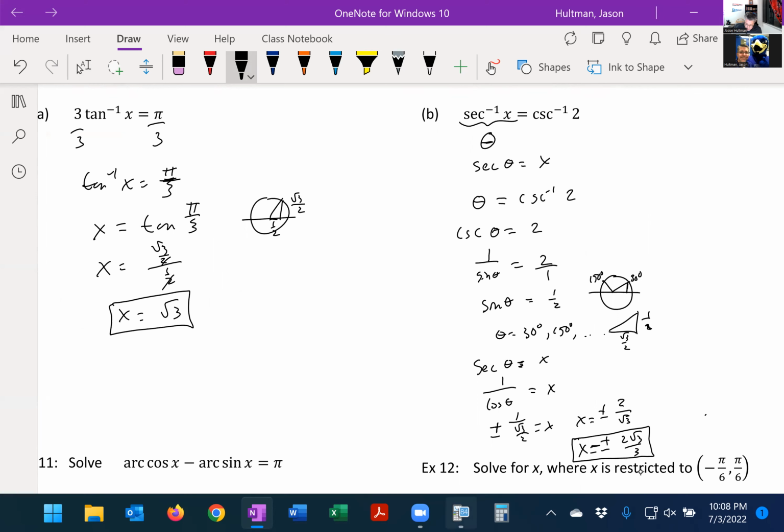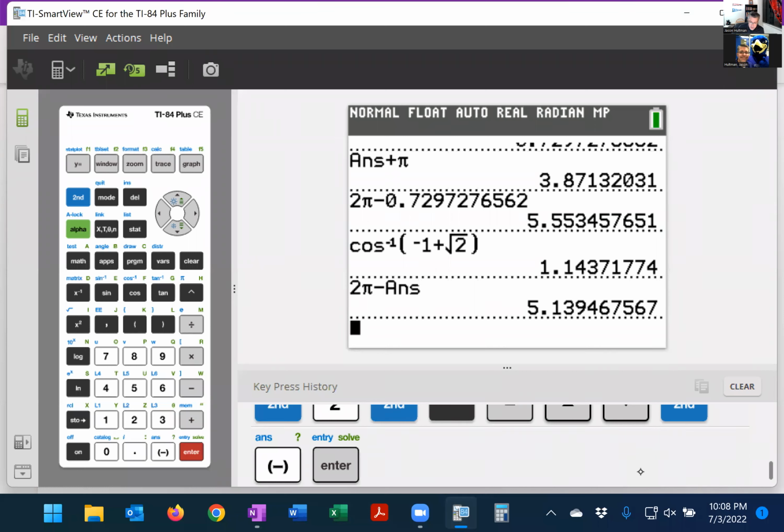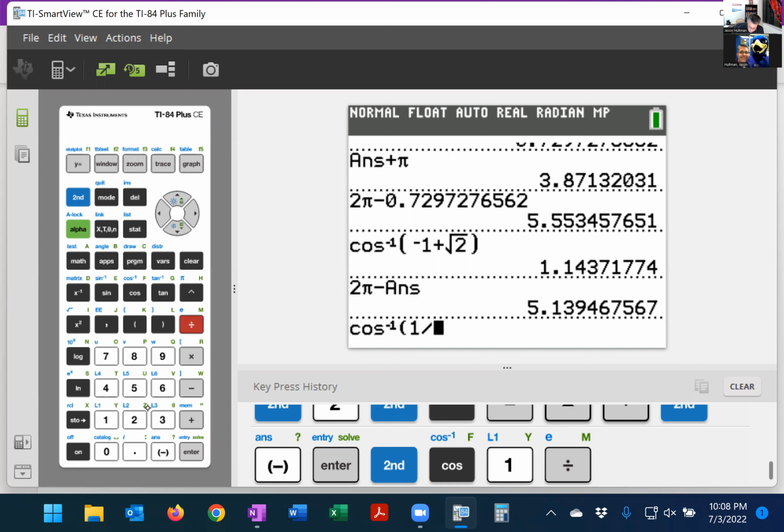Let's go to the calculator, and we're going to say that the secant inverse, which is the inverse cosine of the reciprocal, so of 1 over 2 radical 3 over 3.